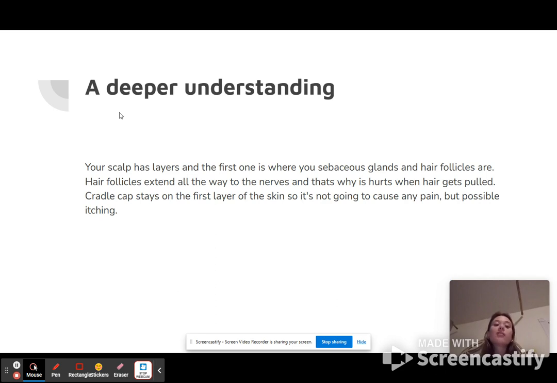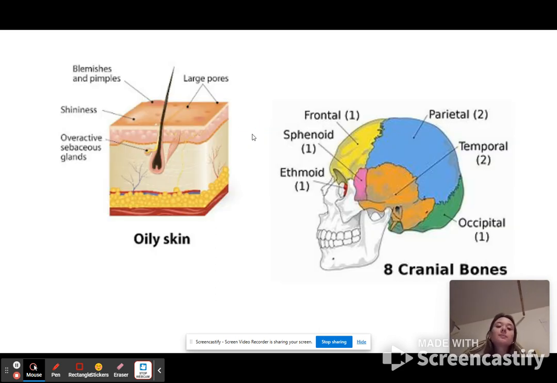Your hair follicles do extend all the way down through the dermis to the nerves and other blood vessels. And that's why if your hair gets pulled or stuck in something, it's going to hurt, because it's connected to nerves, and those are farther down. But since cradle cap is usually on the outermost layer, it's not really going to hurt. It might itch, but if it's irritated, it could probably get inflamed and start to hurt.